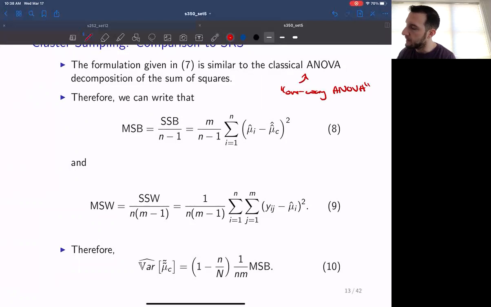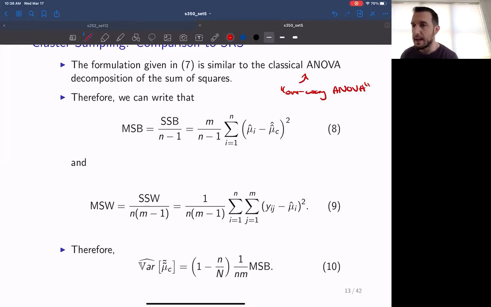So this is the difference between the means of each of the clusters. Okay, so that's just going to be m over n minus 1, so the number of clusters minus 1, times the sum from i equals 1 to n of mu i hat minus mu double hat c, squared, right? So that makes sense. This is our estimate of the variation between the clusters.